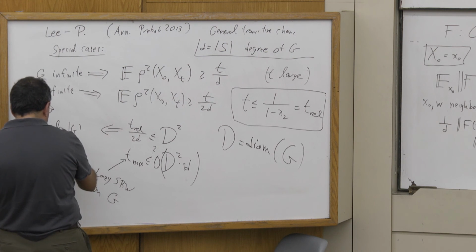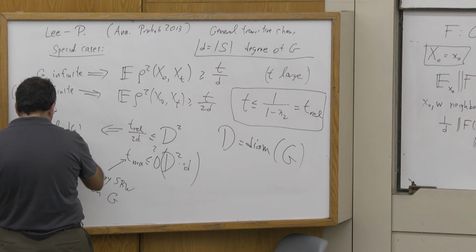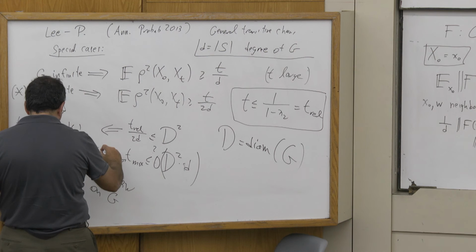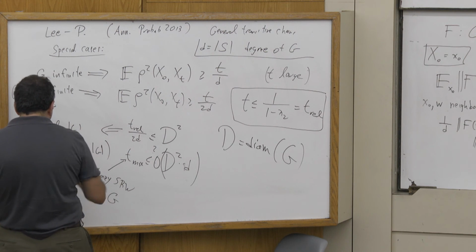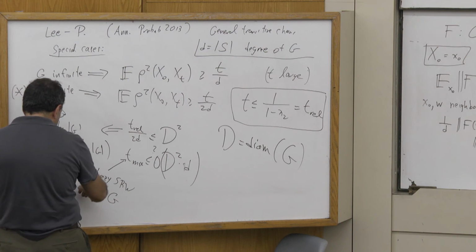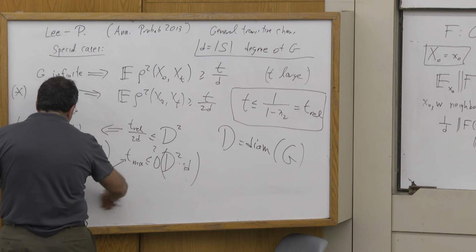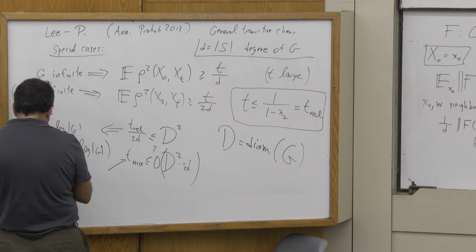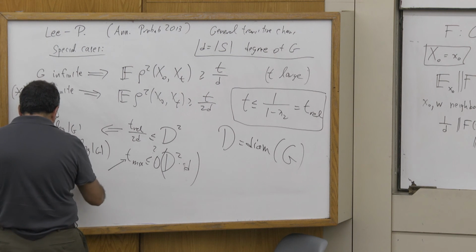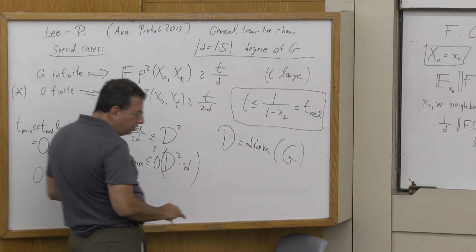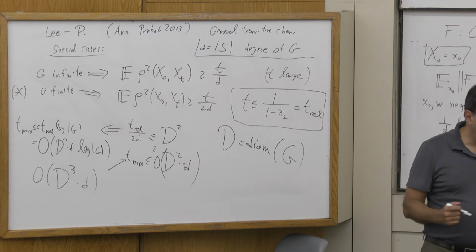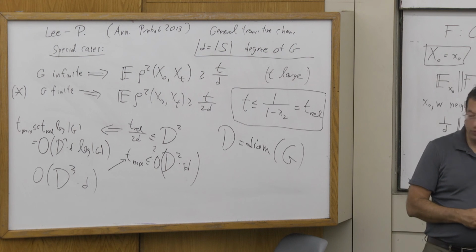So we get big O of D squared times D times log |G|. In other words, if I'm thinking of the degree as a constant, then I get a bound of the diameter cubed, right? Because at least if the degree is bounded, then the diameter is at least log |G|.